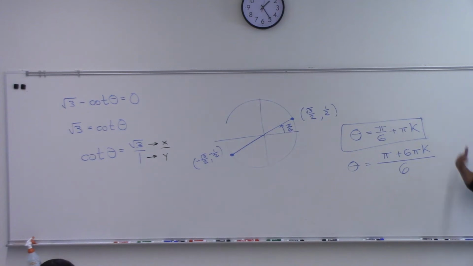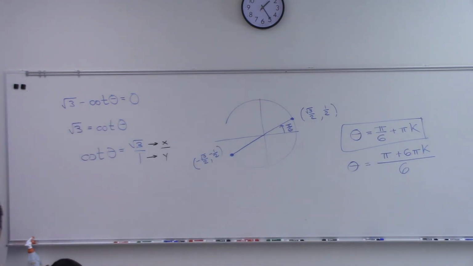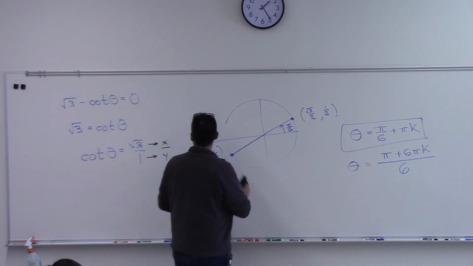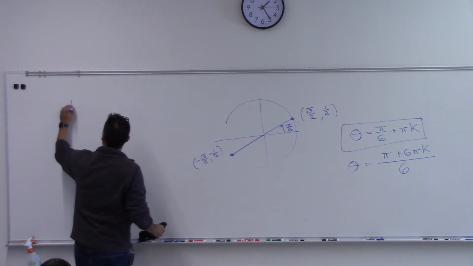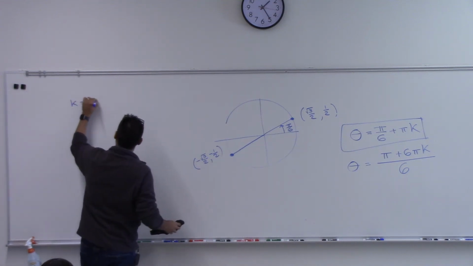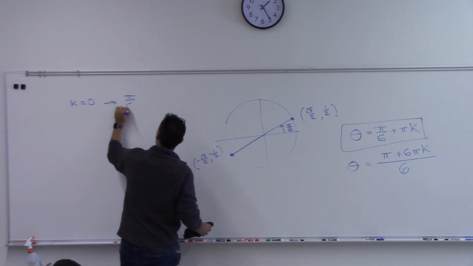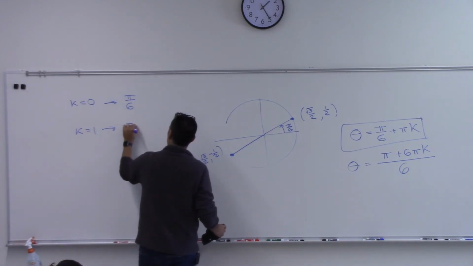Okay, let's just start letting k be different values and do it until we bust outside of 2 pi, right? Get too big. So if k is 1, what do you get? K is 0. Let's do k is 0. If k is 0, you get pi over 6, right? If k is 1, you get 7 pi over 6.